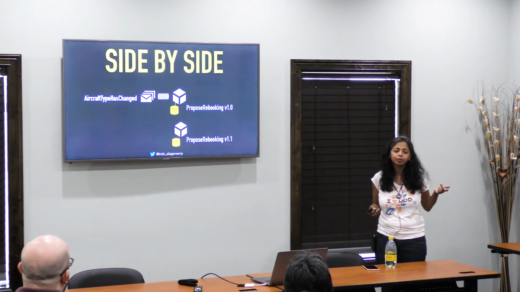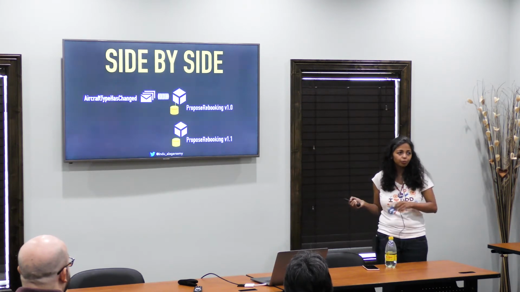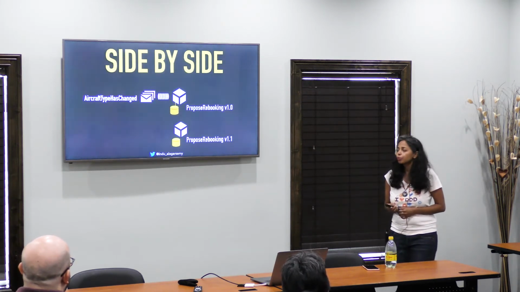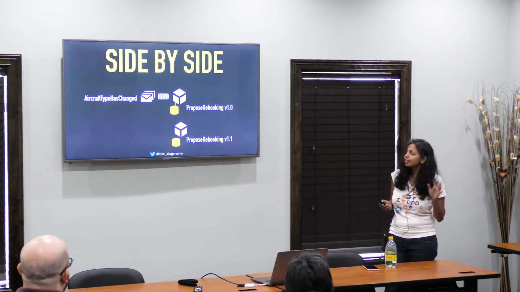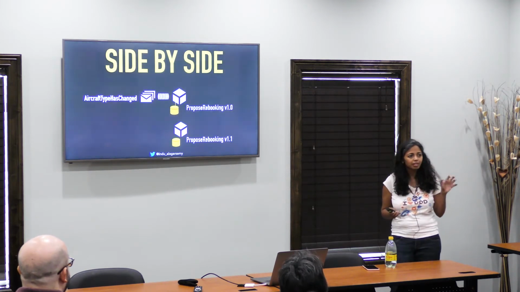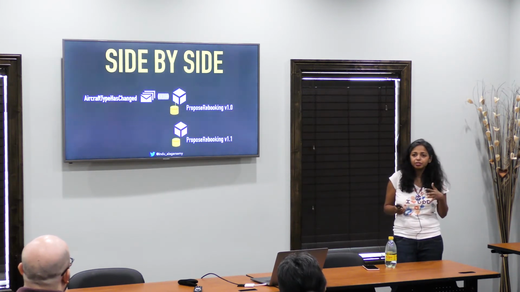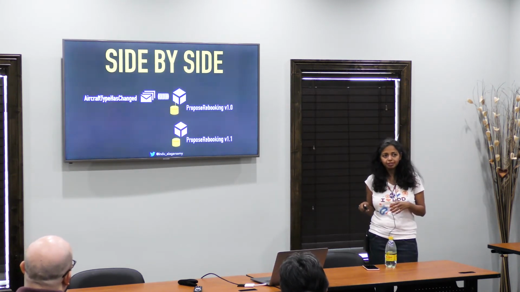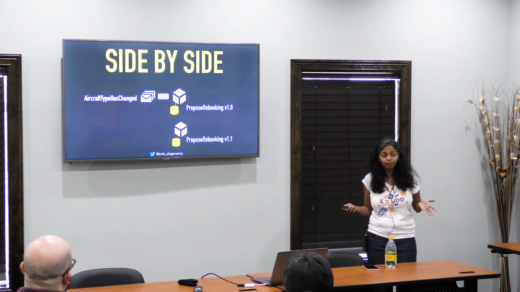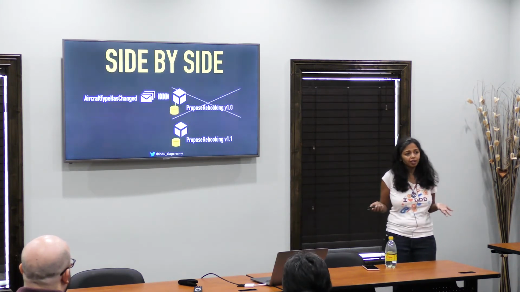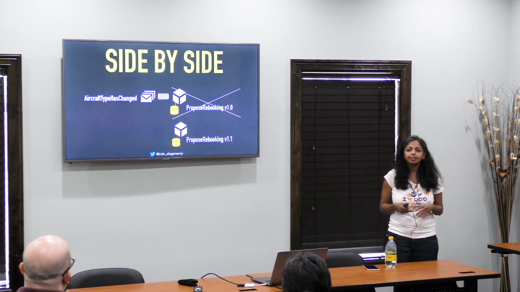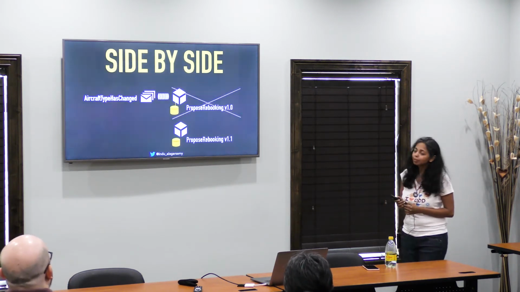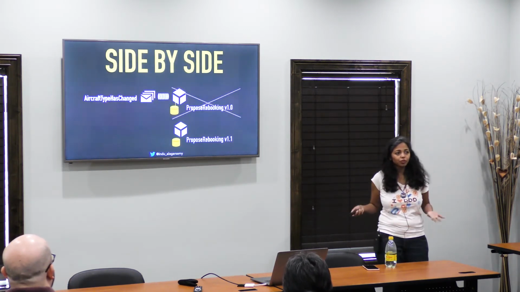You could have the old one running, and you could deploy the new 1.1 version and then see how messages are behaving. Some messages might go to your old instance, some messages will go to your new instance, and you monitor your systems to see everything is working fine. If everything is working fine, then you go ahead, decommission the old endpoint, and then you're good.